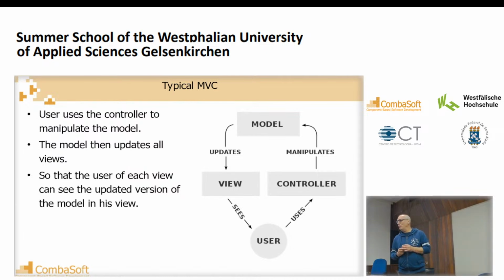Microsoft has a version called Model View ViewModel. It's just a modification of the Model View Controller. You can say any well-programmed information system is using the Model View Controller architecture.